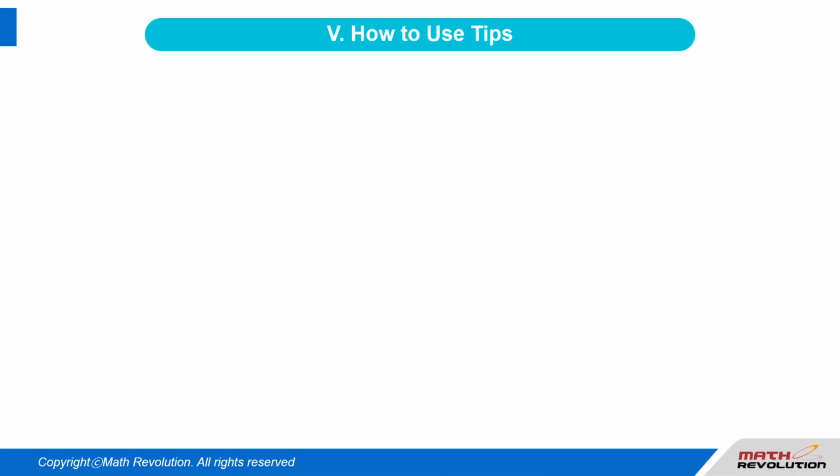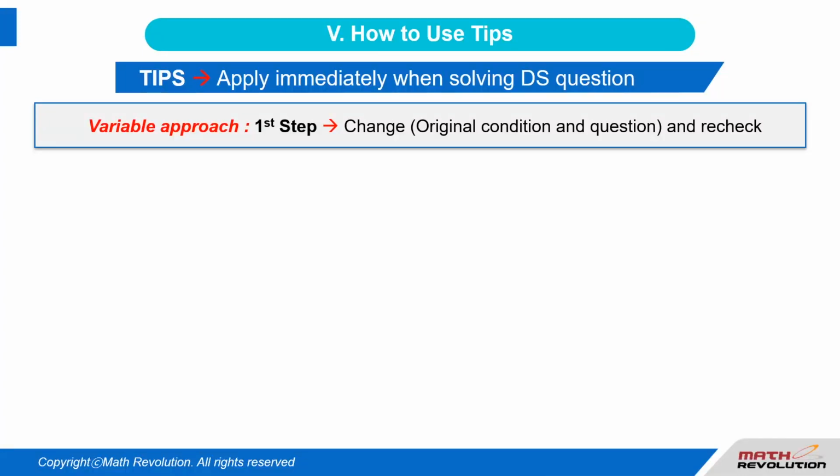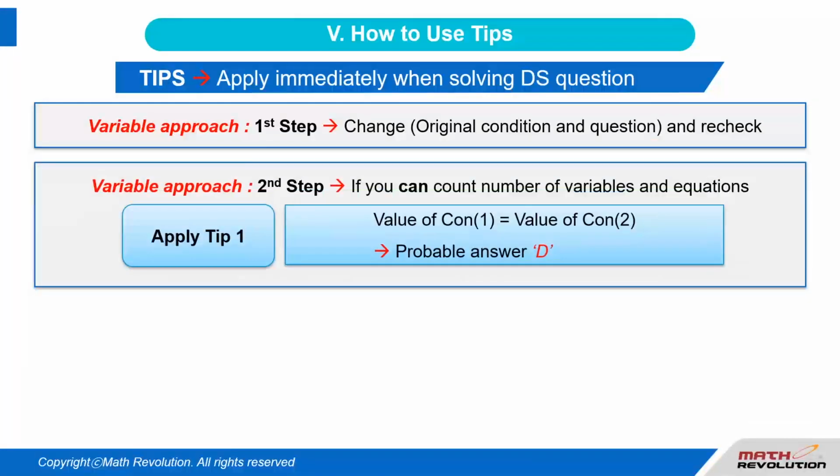5. How to use tips. Tips can be applied immediately when solving DS problems. The first step of the variable approach is to change the original condition and the question and recheck. The second step is to count the number of variables and the number of equations.